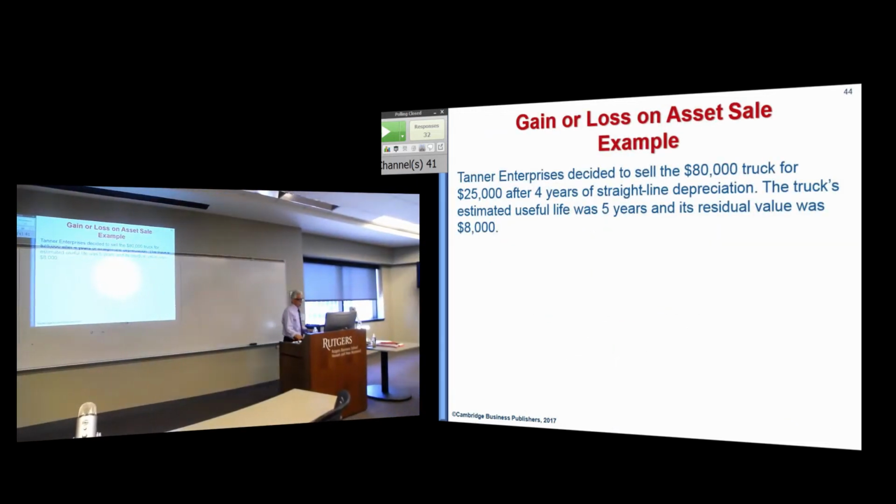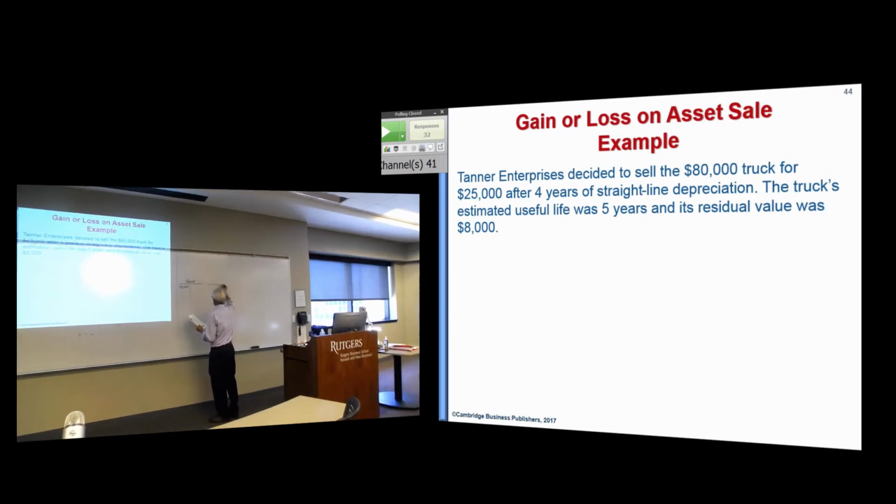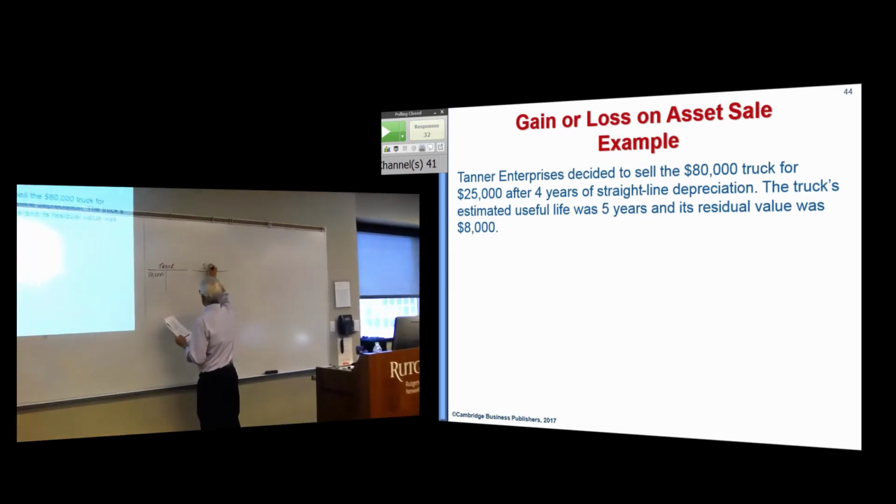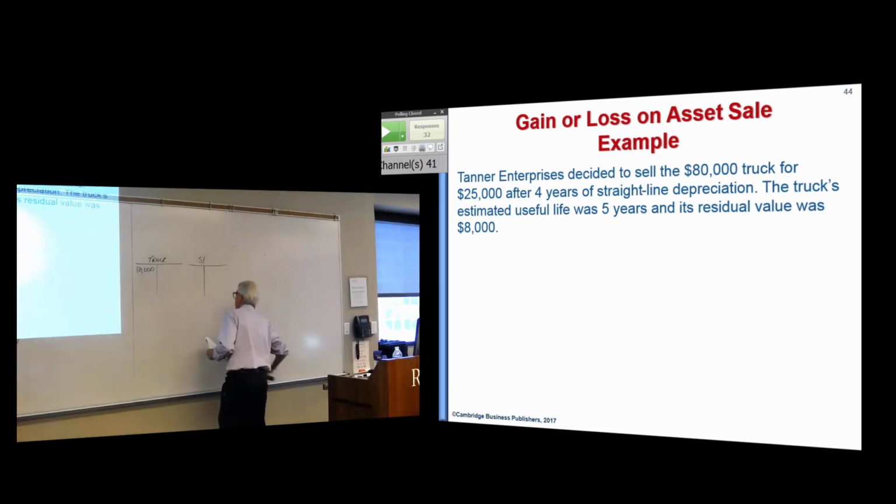And we're back to our vehicle, or our truck, and we're saying that we've got the truck for $80,000. That was our original cost. The depreciation was straight line. It's accumulated, excuse me.